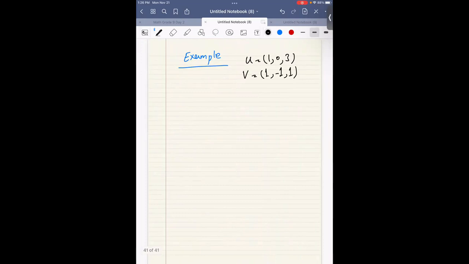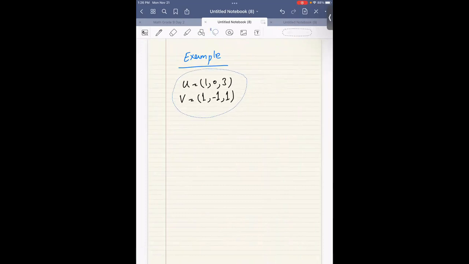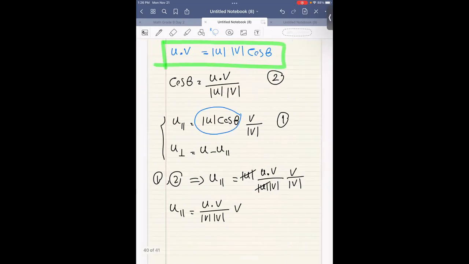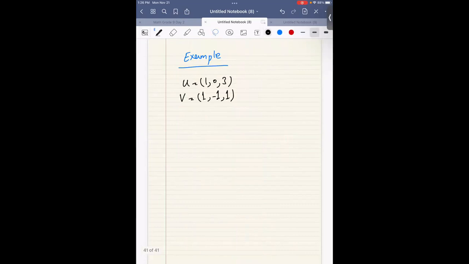So let's do this with this example. Recall that u parallel is this formula. We want to find u parallel, which is u dot v over magnitude of v times magnitude of v, or you can just say magnitude of v squared, which is the same.